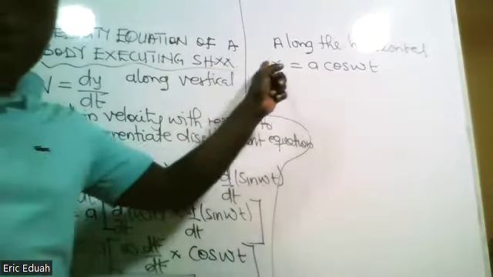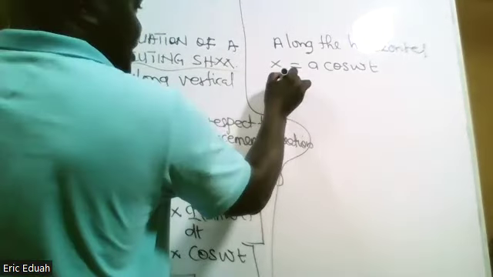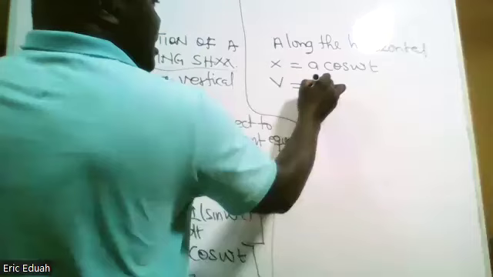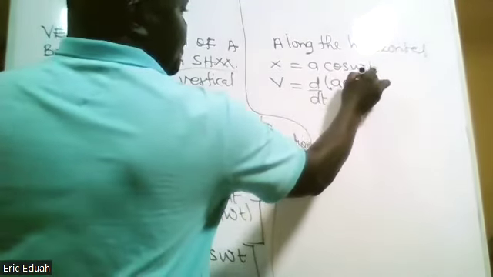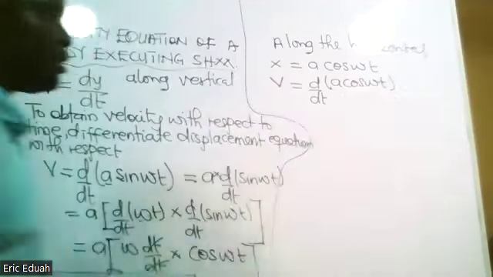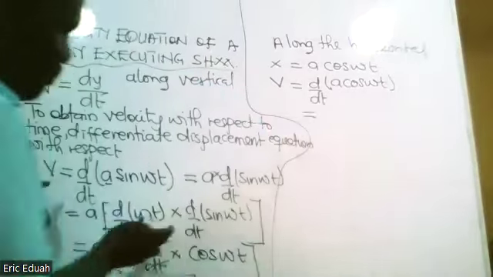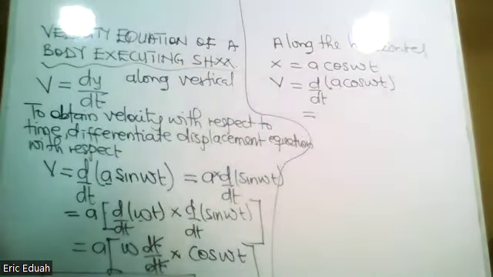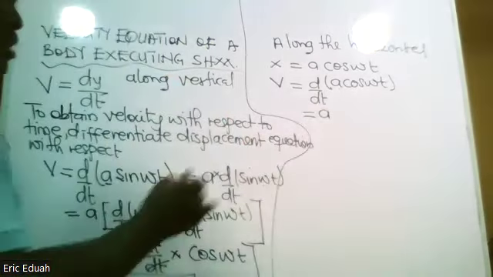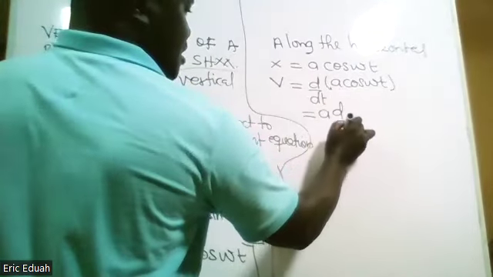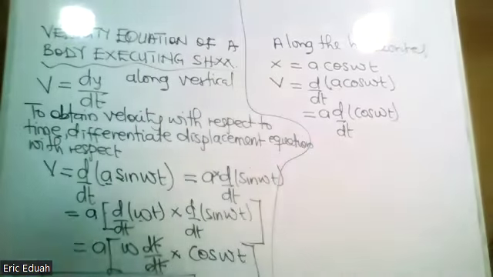This is the displacement function along the horizontal. So the velocity function would be the differential of this with respect to time. Now, A is a coefficient, so it will not be affected by the differential. A multiplying cos omega t.